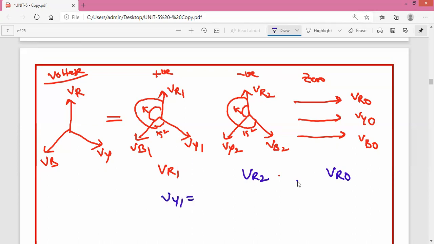VY1 can be replaced using this diagram as a squared times VR1. And VY2 can be replaced with a times VR2. VY0 is nothing but VR0, because there is no phase displacement.